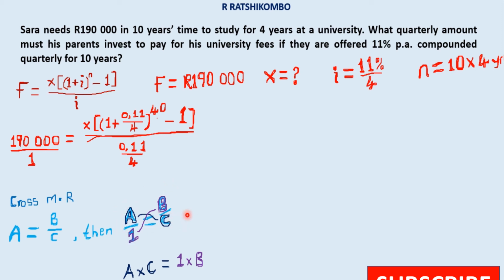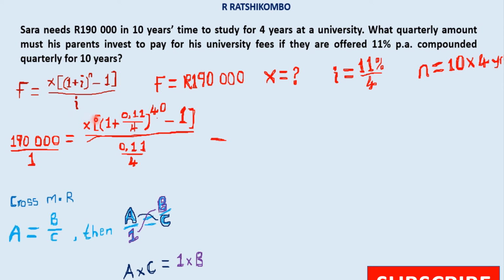And what did I say about the cross multiplication rule? This 1 is going to multiply this upper part. In other words, we are going to have 1 multiplied by the whole of this upper part, and we know that any number multiplied by 1 is that particular number.